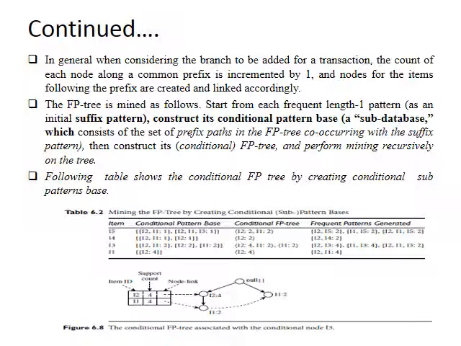See the conditional pattern base for that row: I2, I1 is 1 and I2, I1, I3 is 1. How did we get these values? According to the previous figure, we have two I5s.